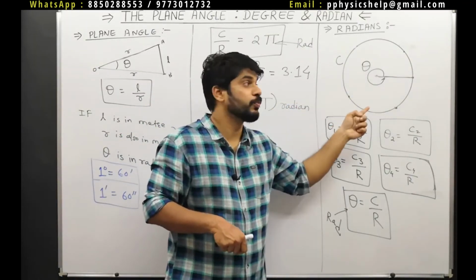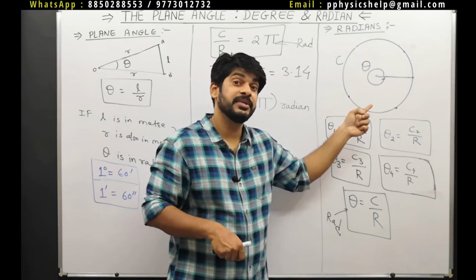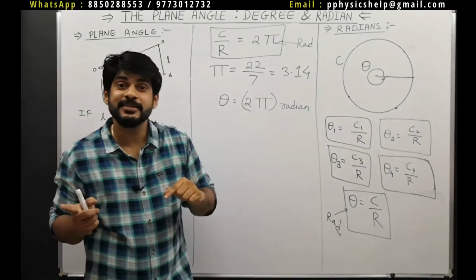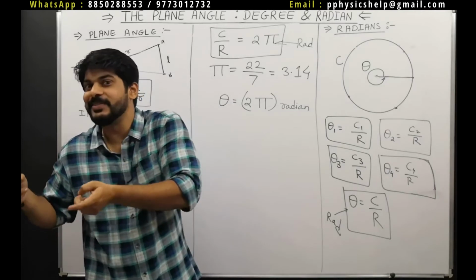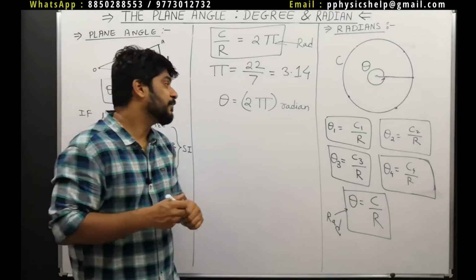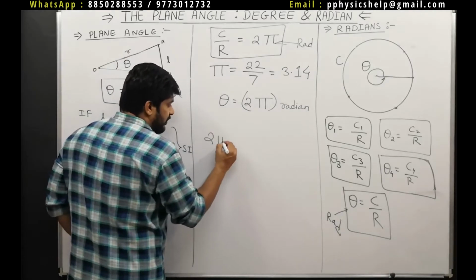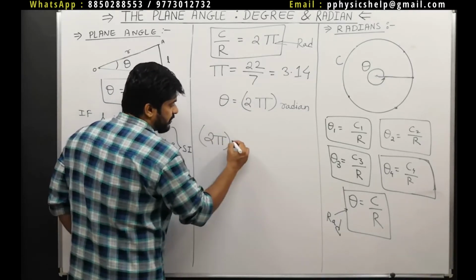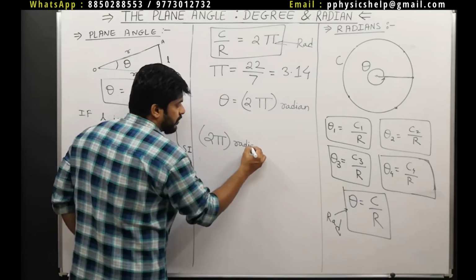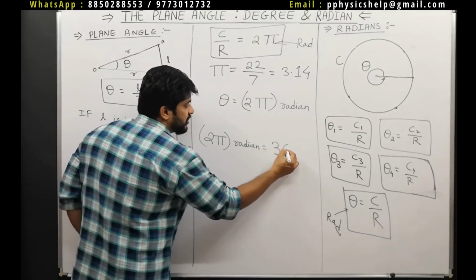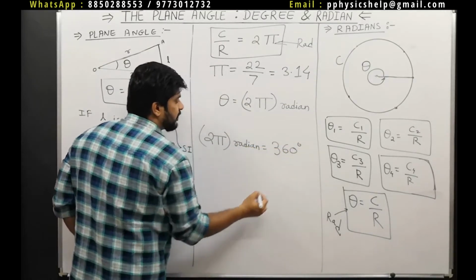In radians it is 2 pi, and in degrees the total angle is 360 degrees. So that means we can say that 2 pi radians is equal to 360 degrees, isn't it?